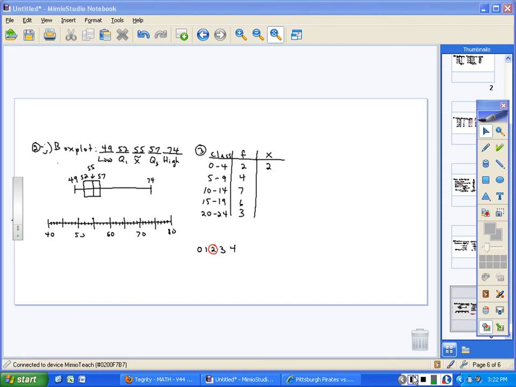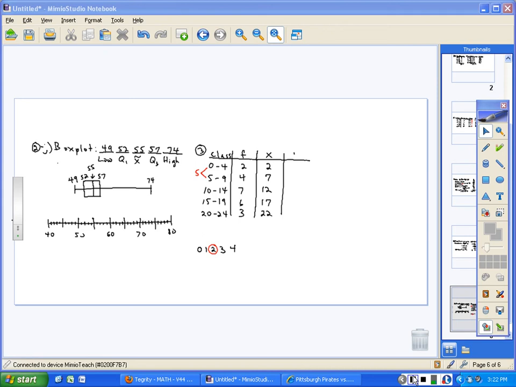The class width, remember, is the difference between any two consecutive lower class limits or any two consecutive upper class limits. So once we know that the class width is 5, we can just add 5 each time. So 2 plus 5 is 7, 7 plus 5 is 12, the next one is 17, and the last one is 22.